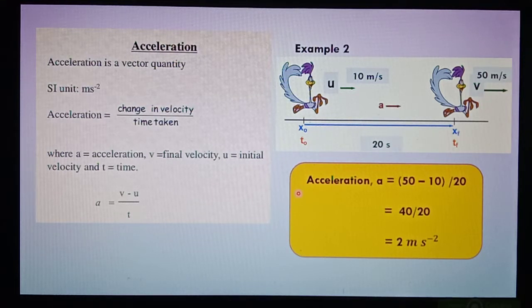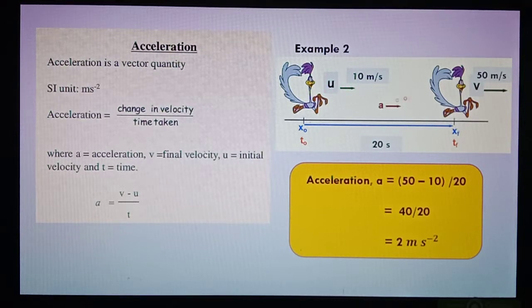So acceleration of the bird a equals v minus u divided by t, so 50 minus 10 divided by 20. Thus we get 40 divided by 20 equals 2 meters second negative 2. Here we get the value of a positive, meaning the velocity increases in the direction of the bird moving.